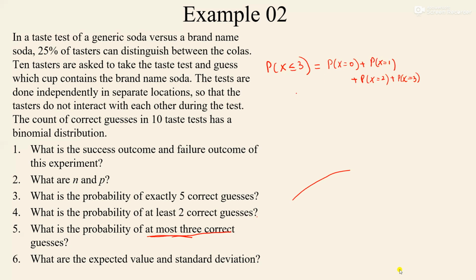You can calculate in such manner, or probability of x less than or equal to 3 equals 1 minus probability of x greater than or equal to 4. This is also equal. That is equal to 1 minus [P(x = 4) plus P(x = 5)].